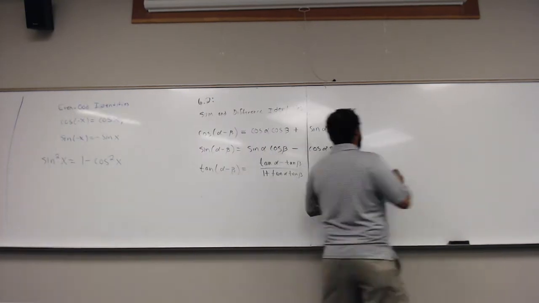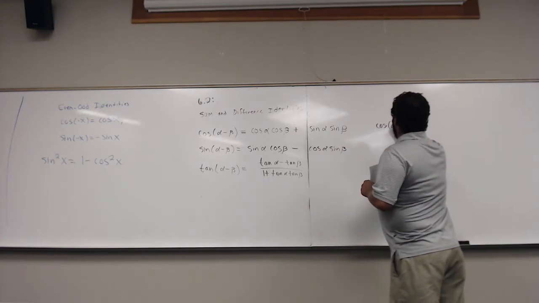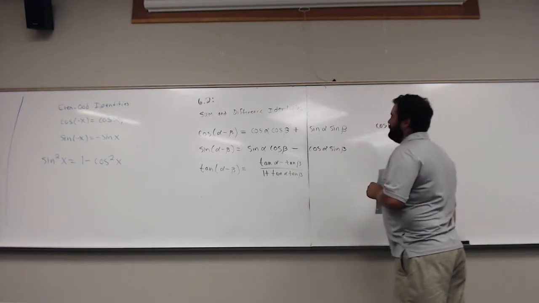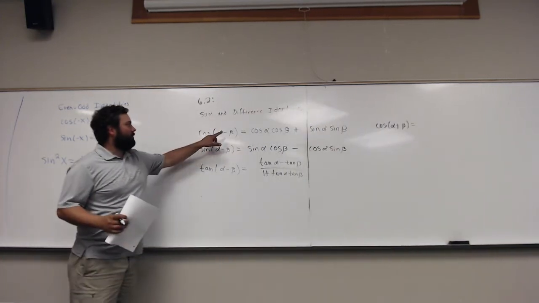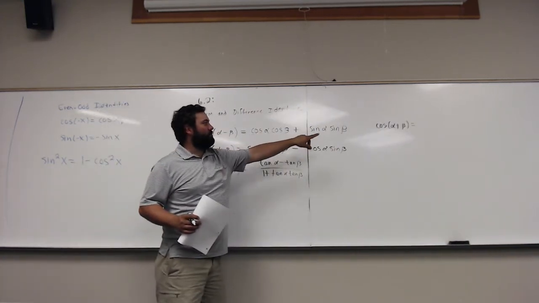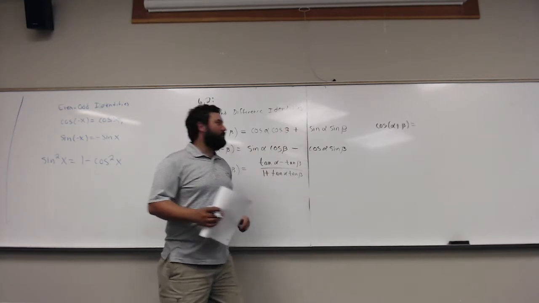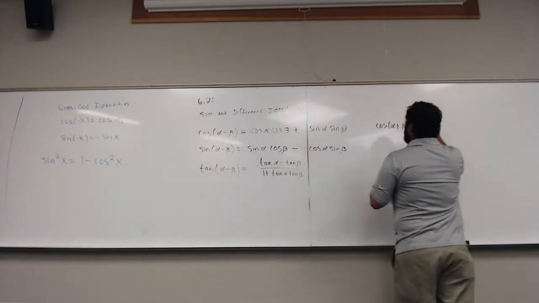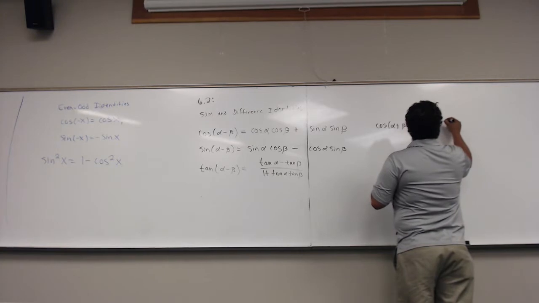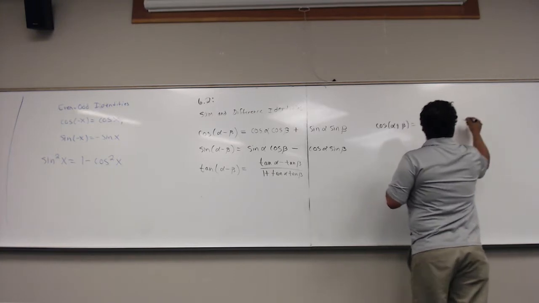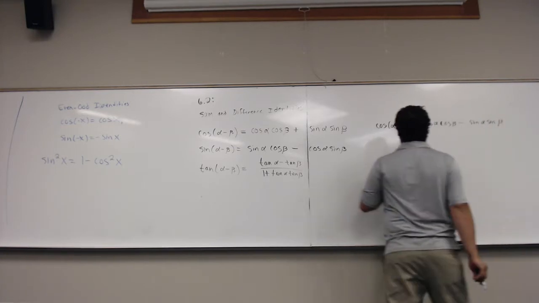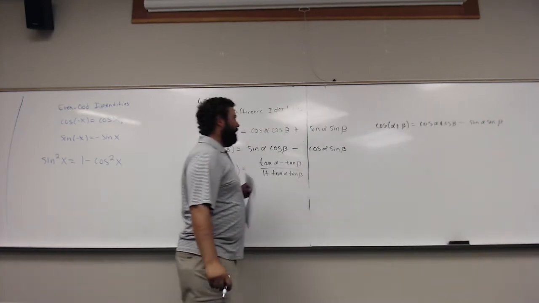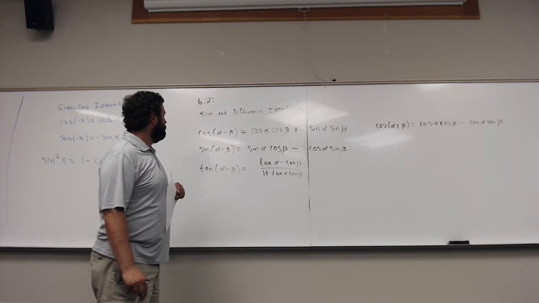And then the other ones are pretty easy to remember. So here's the trick. If it was cosine alpha plus beta, the only thing that's going to change is, anybody have a guess? Well, if that's a minus and this is a plus and I switch the signs, it's just going to be the same thing, but the right hand side is going to be a minus. And then, let's see.